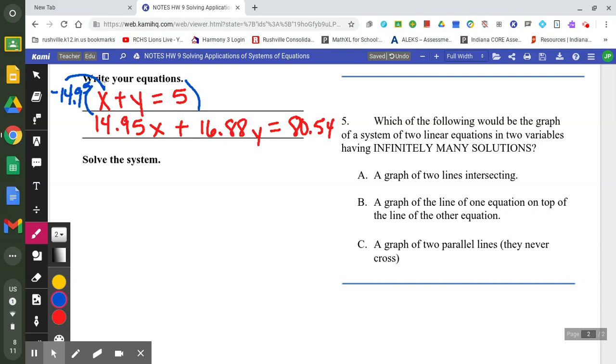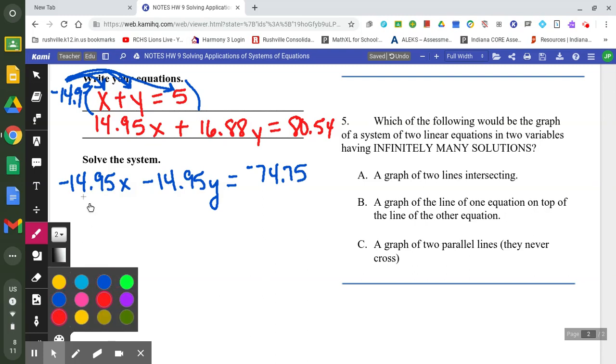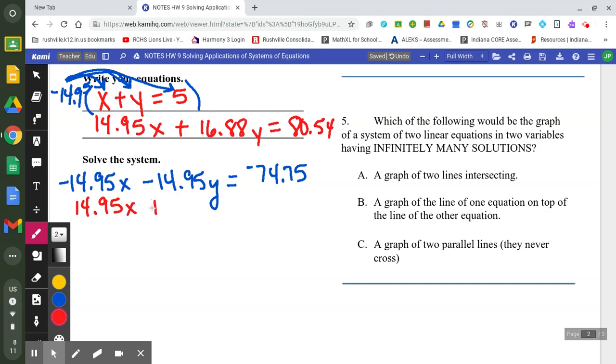So negative $14.95 times x gives me negative $14.95x. Negative $14.95 times y, negative $14.95y, equals negative $14.95 times 5, which gives us negative $74.75. And then the bottom equation, the red one, can just stay in its original form.